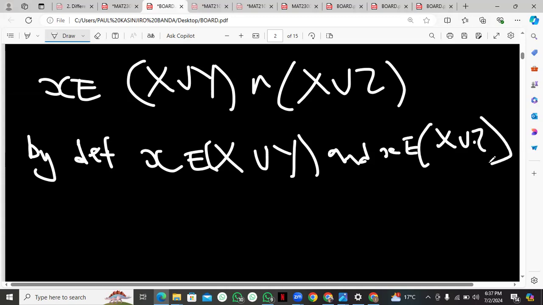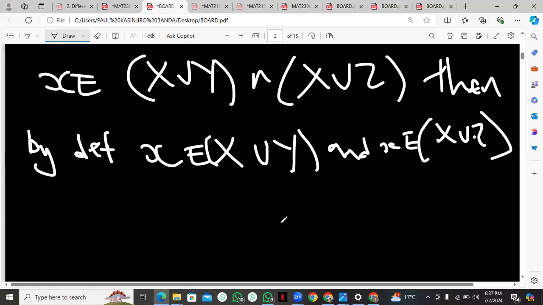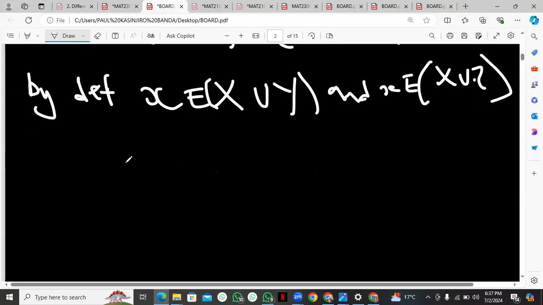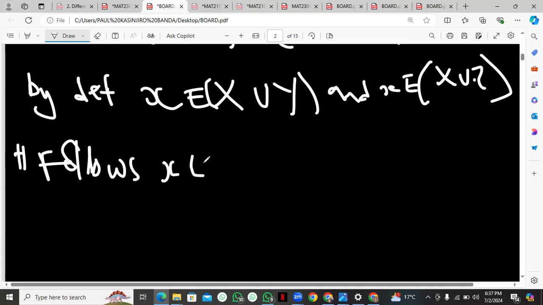Okay, so this is what we have. So if X is a member of this, then by definition, X is a member of this X union Y, and it's also a member of X union Z, okay? And then from this, we can expand. So we can say it follows that this X will be a member of this set X, or X will be a member of what?